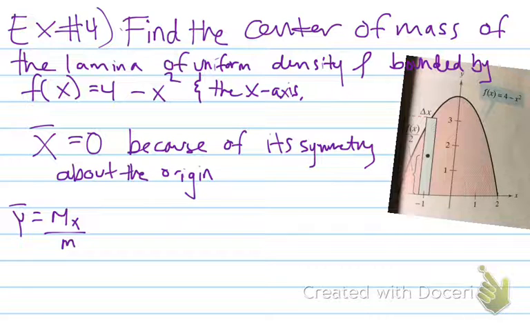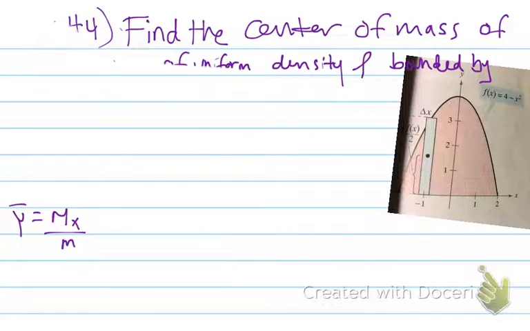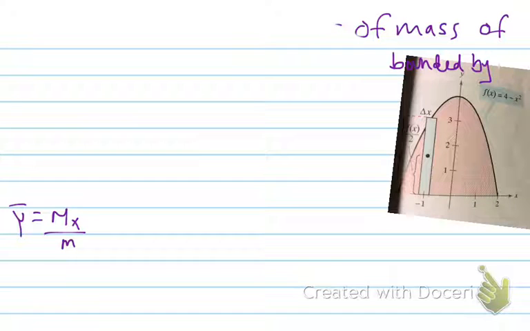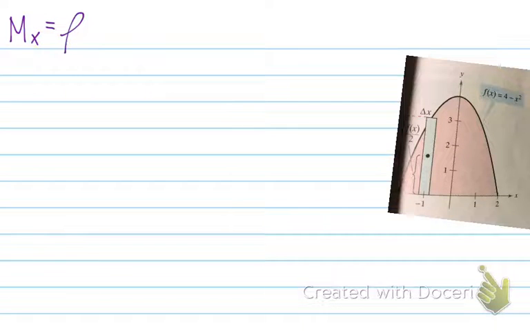So to find Mx, let's use our formula that says, and if it's okay with you, I'm going to erase some of this stuff. All right, so to find Mx, it's rho times the integral from a to b, which in this case is -2 to 2, because that's where the graph intersects the x-axis, so from -2 to 2.